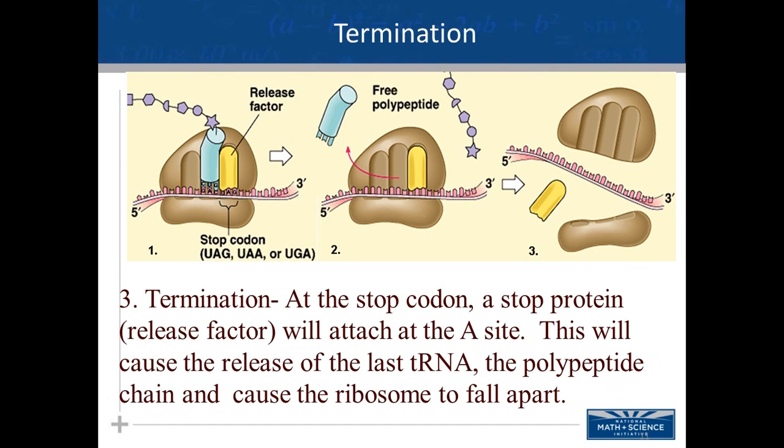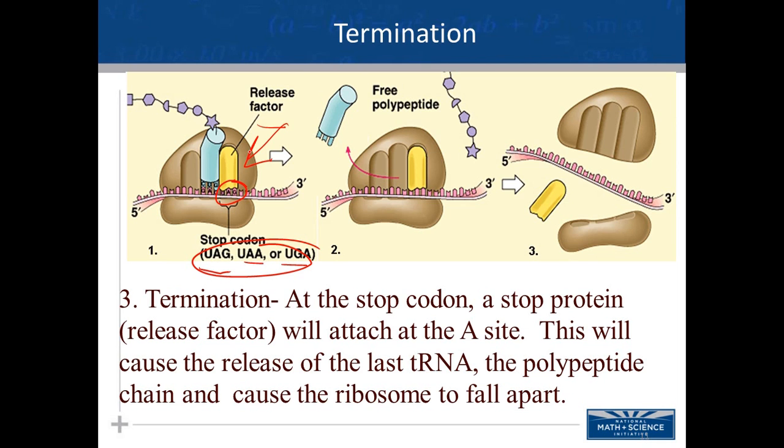And finally, we come to the termination. Remember we said that there were 3 stop codons. Okay, and they could be UAG, UAA, or UGA. And what happens is that there is a protein that recognizes these stop codons, and it's called a release factor. And so what will happen is that protein will come in and it will attach to the stop codon.